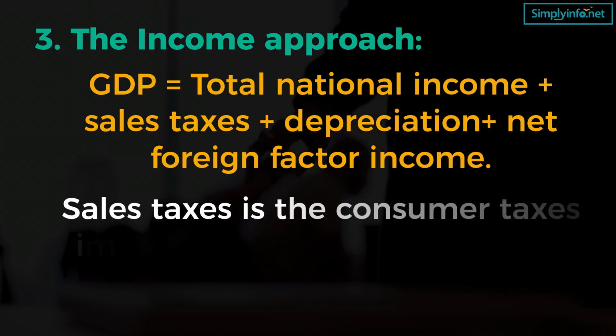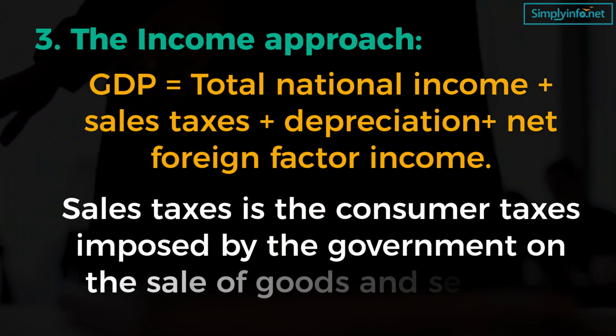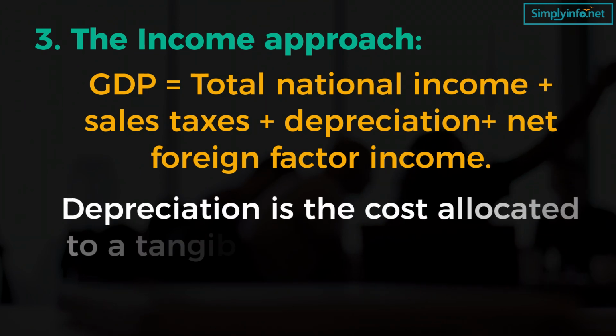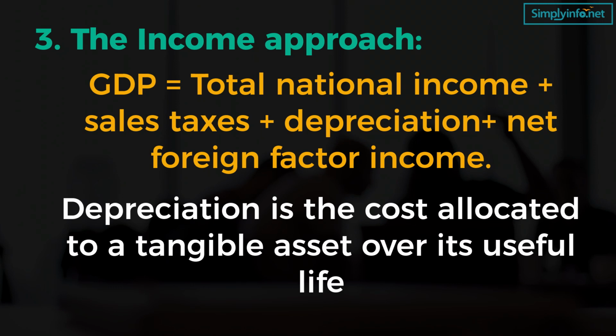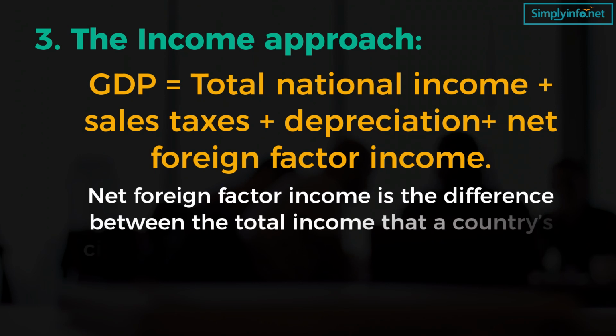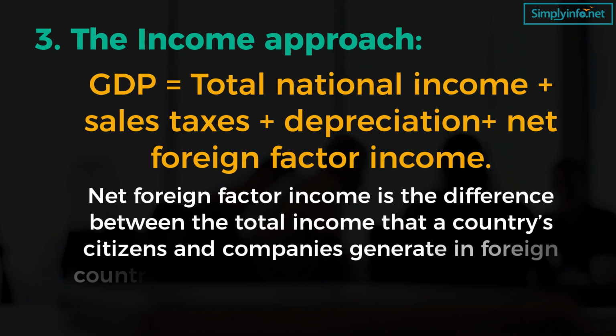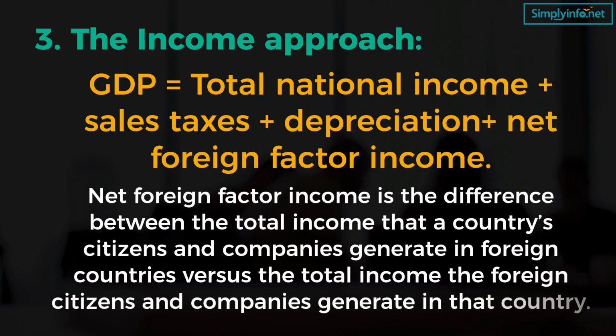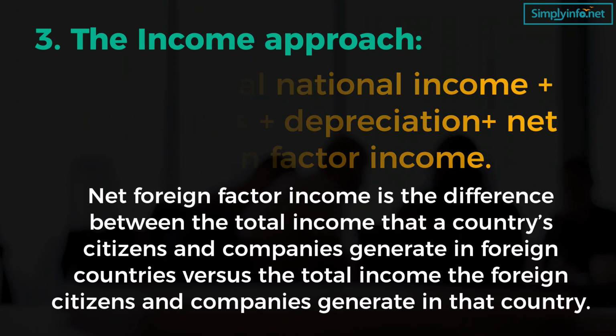Sales taxes are the consumer taxes imposed by the government on the sale of goods and services. Depreciation is the cost allocated to a tangible asset over its useful life. Net foreign factor income is the difference between the total income that a country's citizens and companies generate in foreign countries versus the total income that foreign citizens and companies generate in that country.